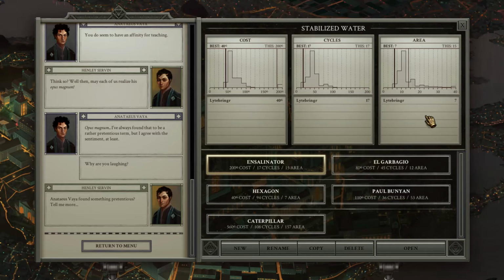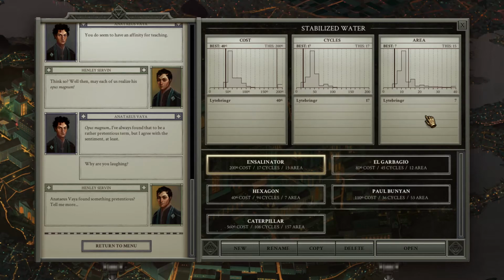So if you have a cost and divide it by some other cost, you get a unitless value. Same goes for cycles, if you divide it by some other number of cycles, or area divided by some other amount of area, you get a unitless quantity, which is the percentage difference from some amount. So, which amount do you use? Well, for the moment, let's assume you're using the minimum possible.